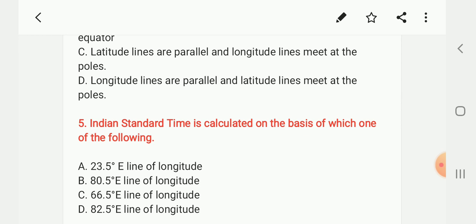Or option D, 82.5 east line of longitude. Correct answer is D, 82.5 east line of longitude.